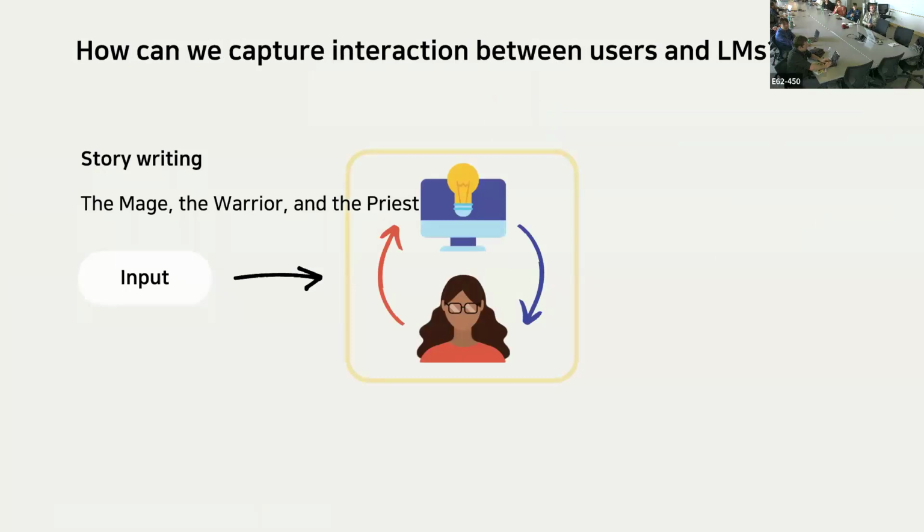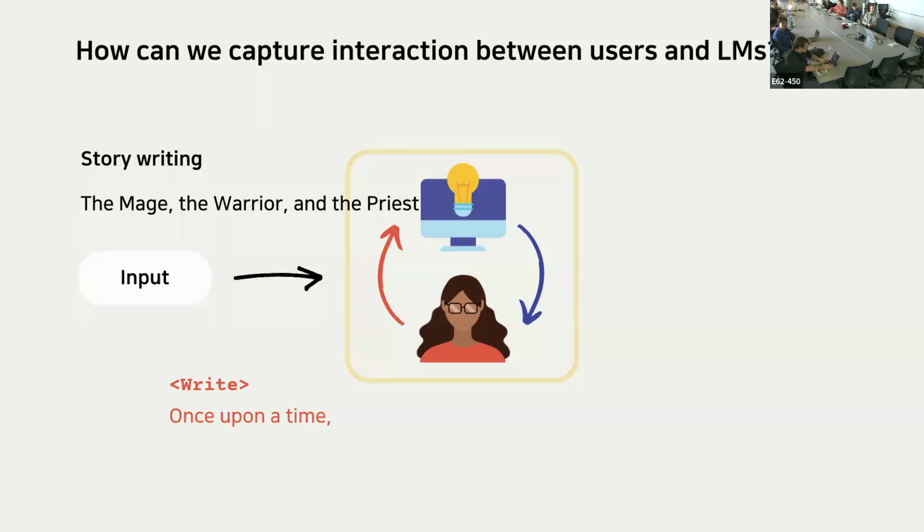However, that's not really how a lot of people use these models in real life. It looks more like this, where the user is interacting with the model. Again, in this simple example, let's assume that maybe the user has some idea of how to start off the story.